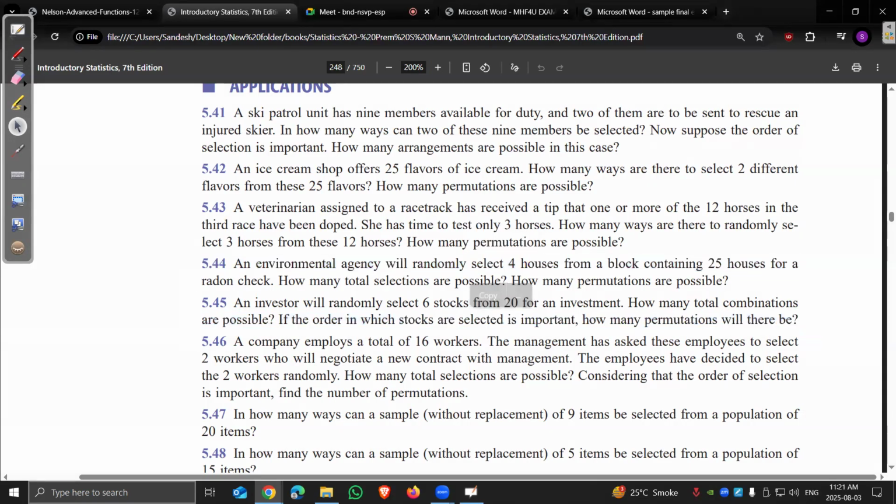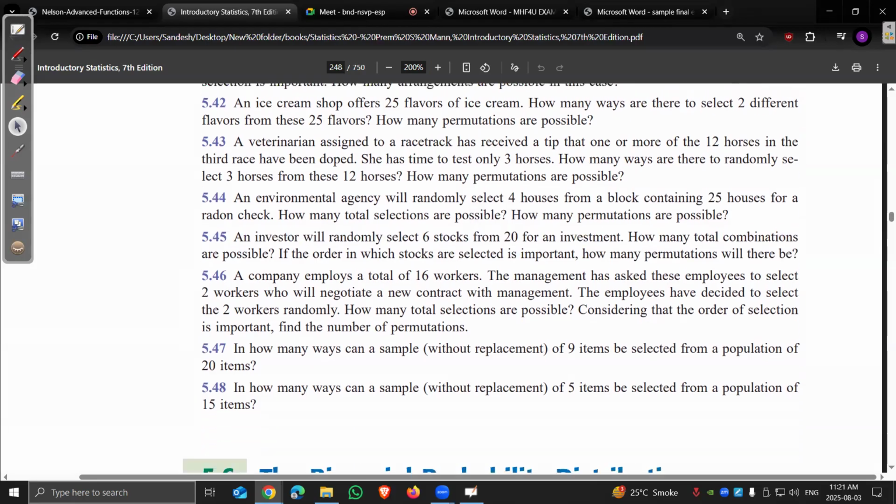Investor will select 6 stocks from 20. That's again no clue here about any order. If it says arrangements, then this is going to be combinations. The next one, 16 workers, and then we're selecting 2 workers out of 16. That's going to be combinations.